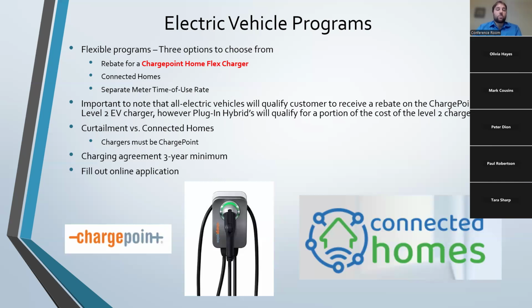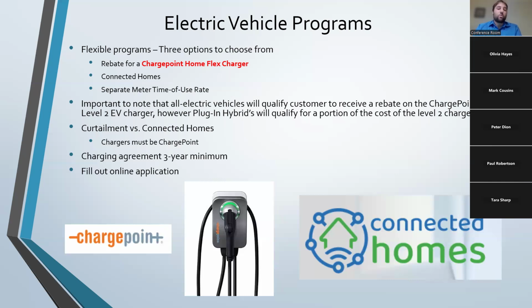And then the last program is more intensive, and it's definitely for someone who usually has an all electric vehicle and drives a lot. It's the separate meter time of use rate. In this program, you have to actually install a separate meter socket in your house for a separate meter that we install. It's a time of use specific meter.